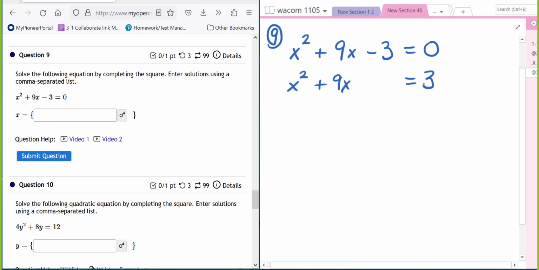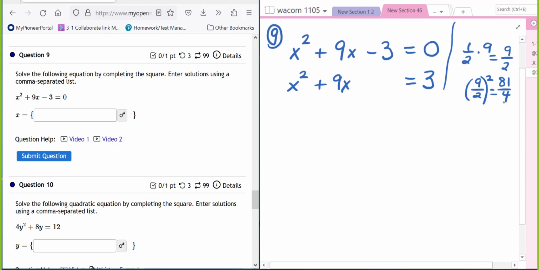Right? And now I have to find my magic number. And because this is not an even number, when I take a half of it, it's going to leave me a fraction. So 9/2. That's okay, I can do it. So I'm going to have 9/2 and I have to square it. And your exponent will go to each one. So I have 81/4.